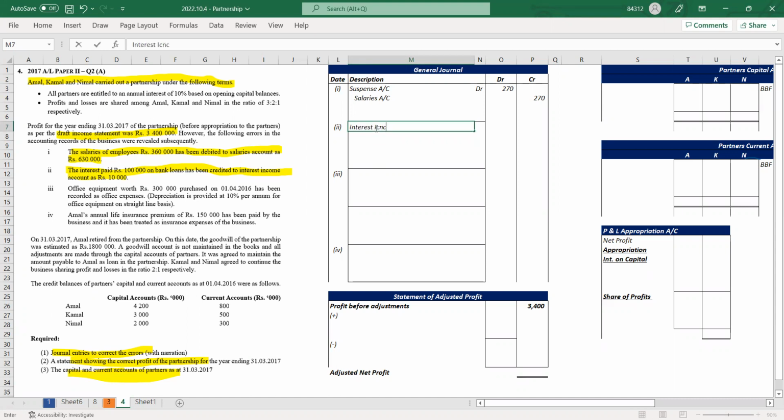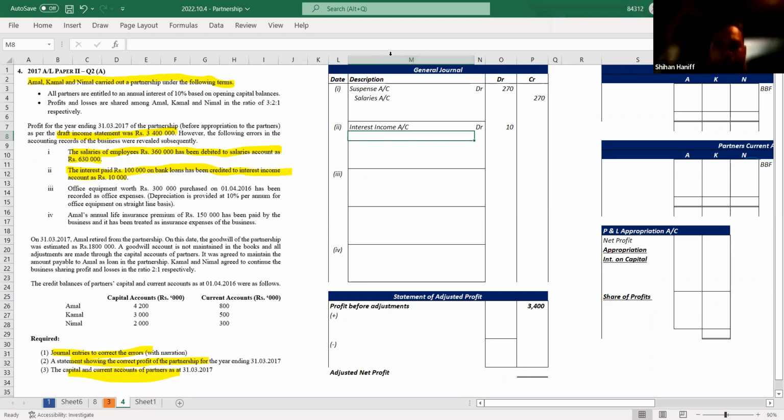So interest income account, debit the wrong amount of 10,000. It's not interest income. Therefore, we have to debit the interest income.